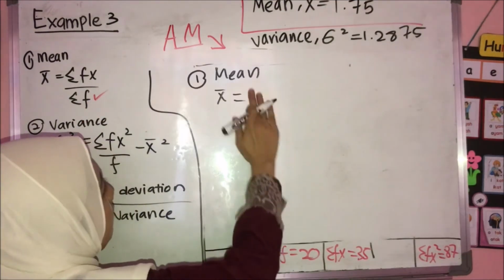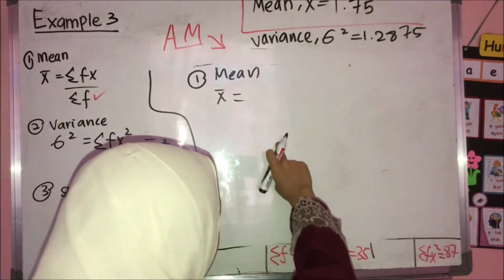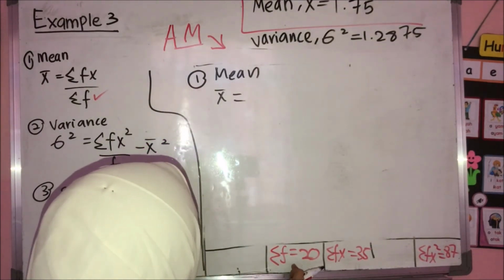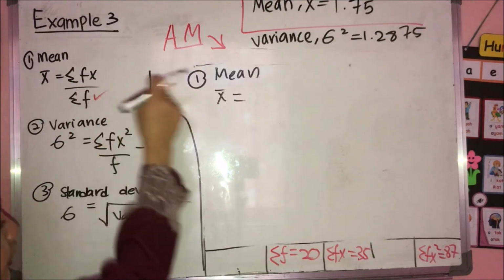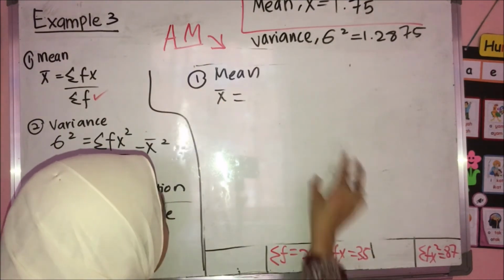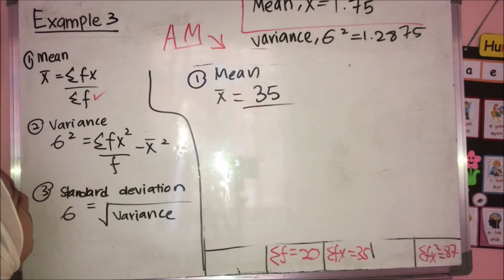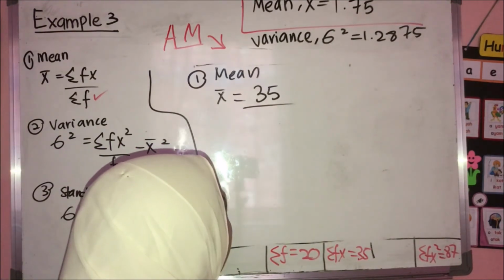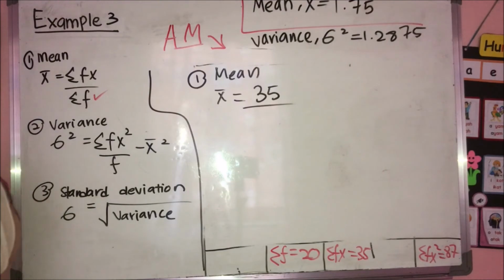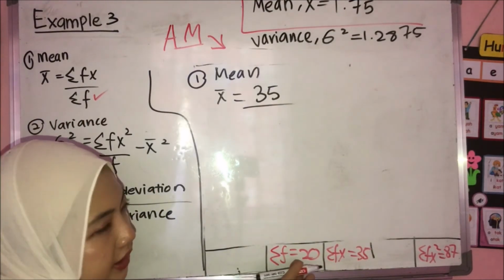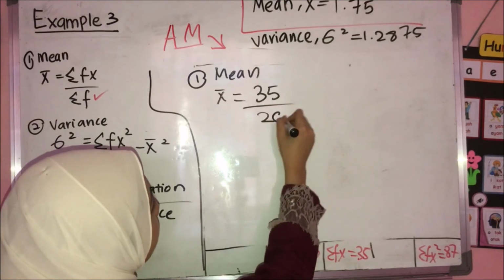First, we find the mean. x bar is equal to the sum of fx, which is 35, divided by the sum of f. What is the sum of f? That is 20.